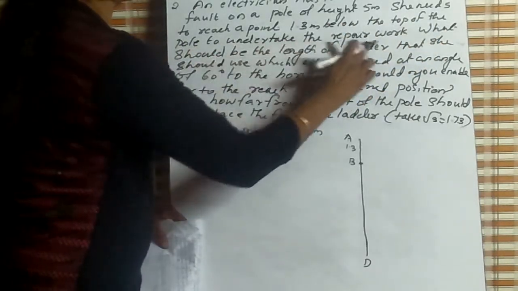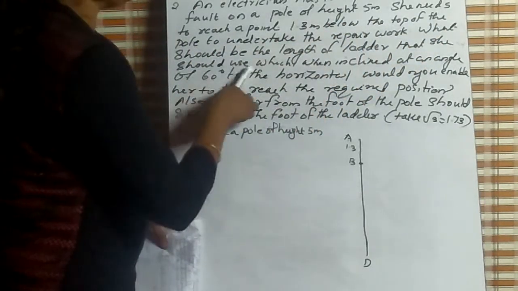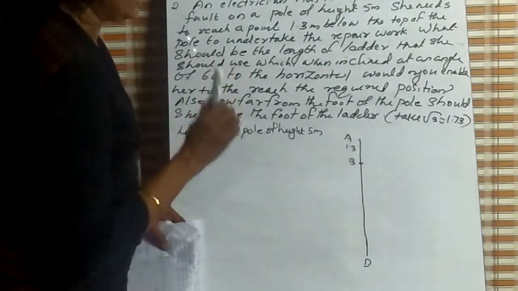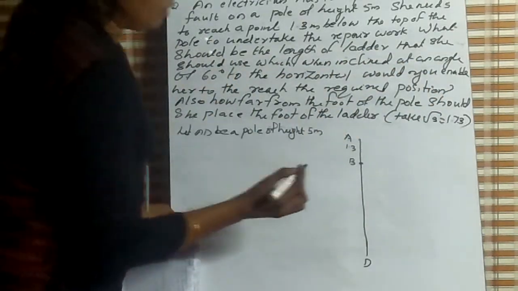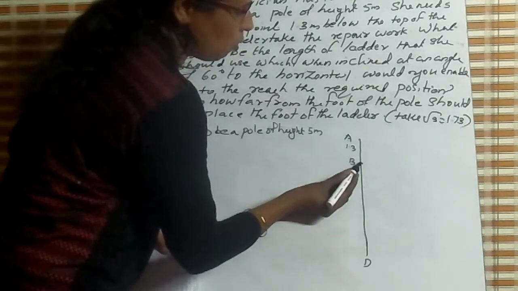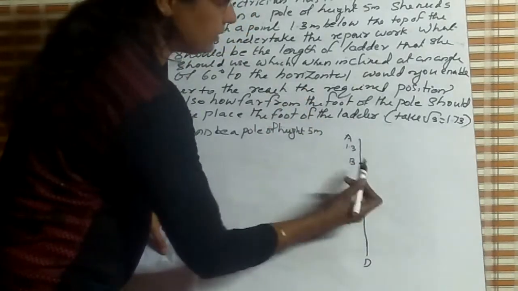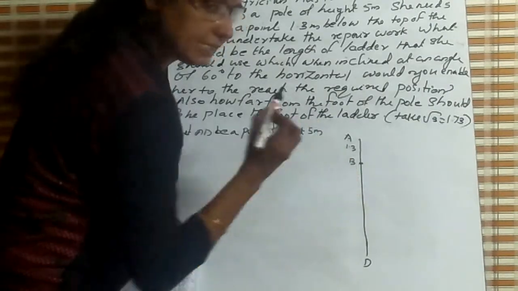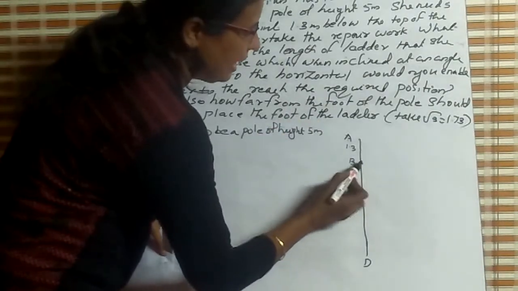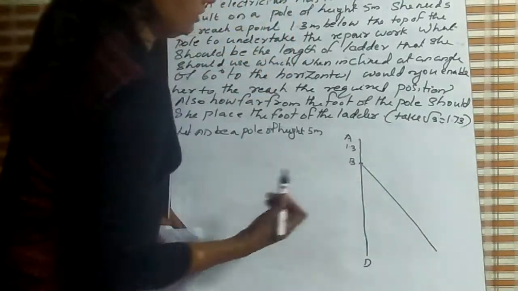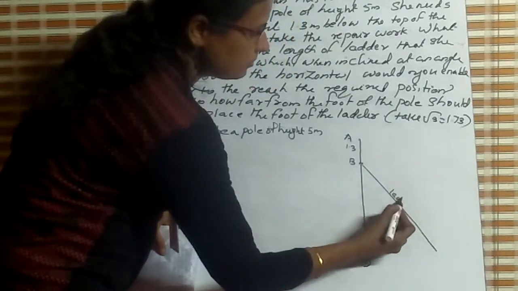Then, what should be the length of ladder that should be used, which when inclined at an angle of 60 degree to the level ground? When she is at this point B and has to repair this electric work, for that she leans a ladder from the ground. This is the ladder.